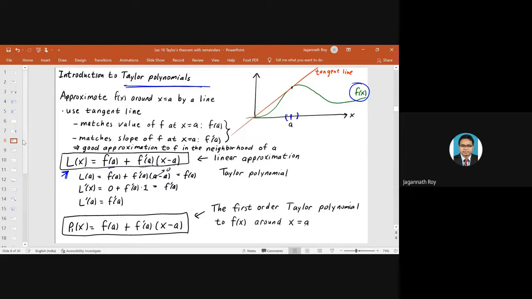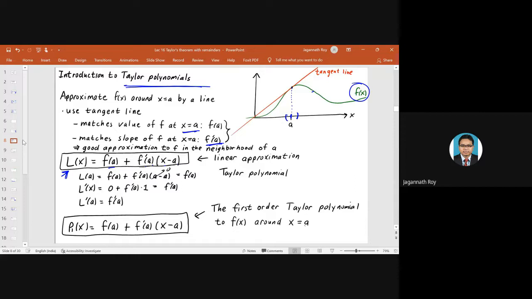Now if you try to find out the slope of the curve at a, this is nothing but the derivative, f dash of a. So this will give one good approximation of the function.